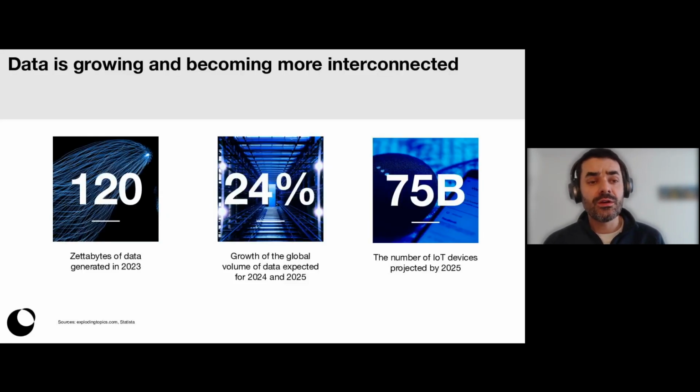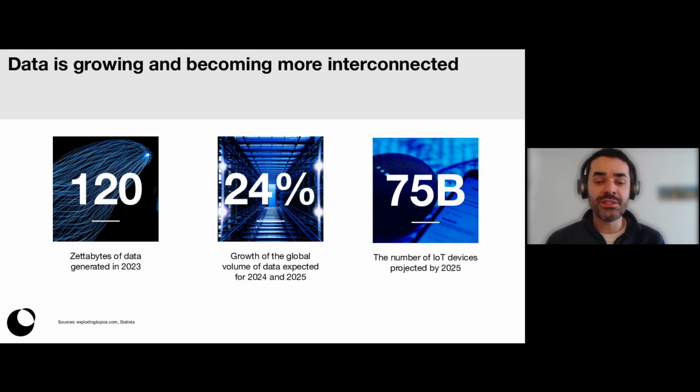So first, the volume of data is both growing and also at the same time, the data that we are generating is becoming more and more interconnected. It's estimated that in 2023, approximately 120 zettabytes of data was generated. And it's not just that it's a lot of data, it's that this data is growing.